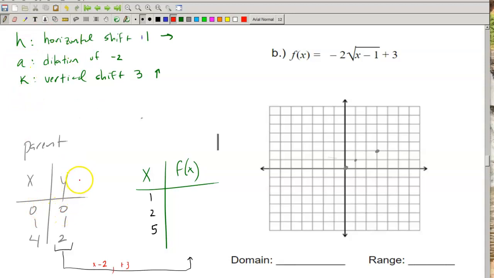So if we go from point to point, all right, well, look at 0. Multiply by -2 and then add 3. Well, 0 times -2 is still 0, plus 3 is now 3. That becomes a 3. The 1 would become 1 times -2 is -2, plus 3 is 1. And the 2 times -2 is -4 plus 3 is -1.